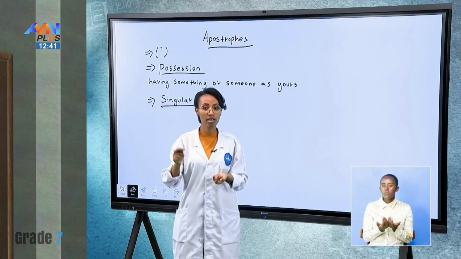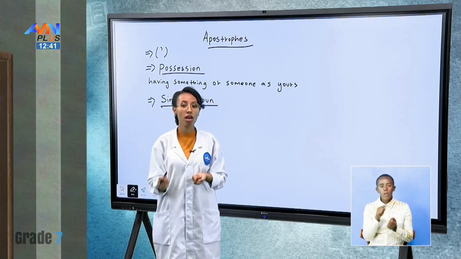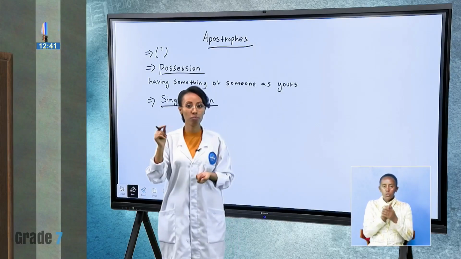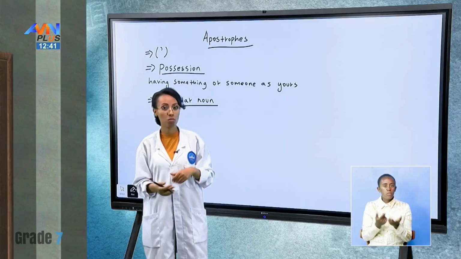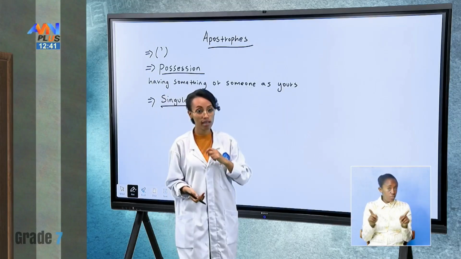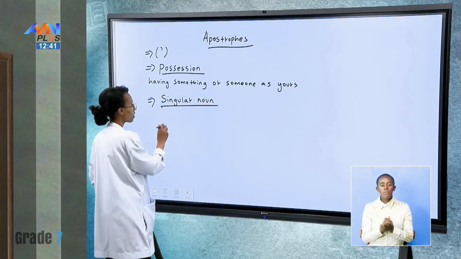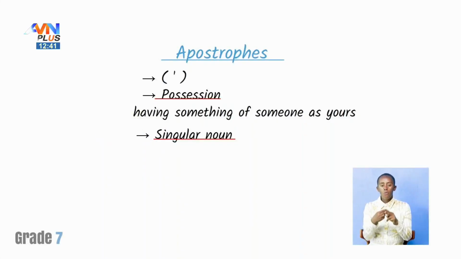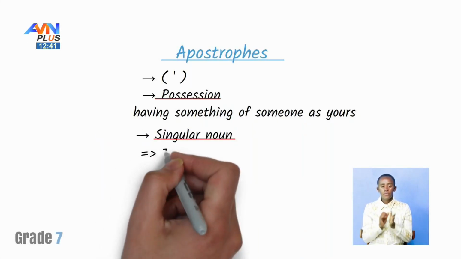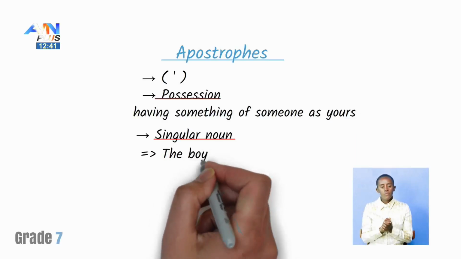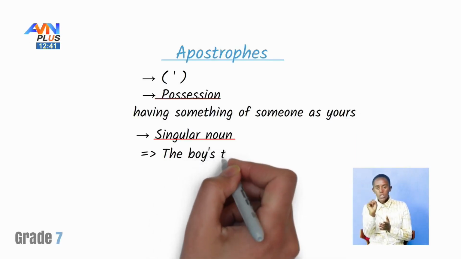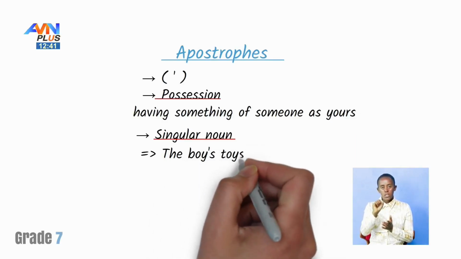Every time we place an apostrophe, if it's a singular or a plural noun, the place where we place the apostrophe differs. So let's see an example. Singular noun. Example: the boy's toys.